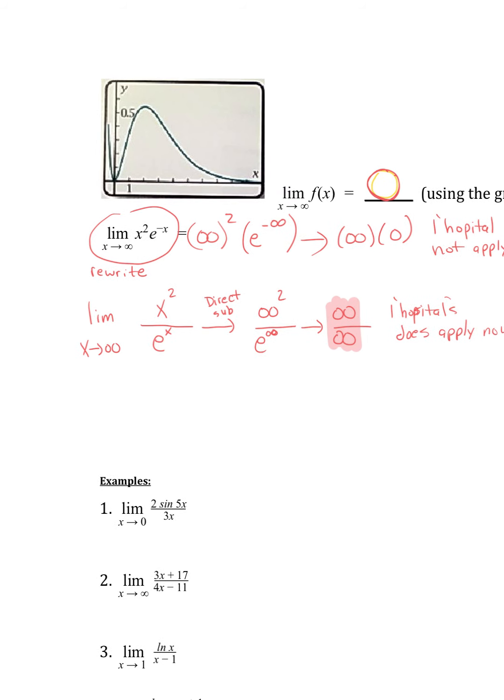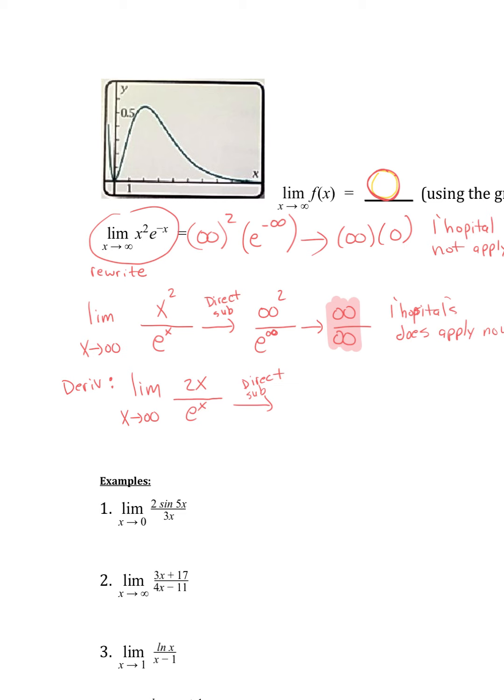Now we take the derivatives. So we still have the limit as x approaches infinity. On top, if I take the derivative of x squared, I get 2x. On the bottom, if I take the derivative of e to the x, I get e to the x. Now I do direct substitution with the derivative.